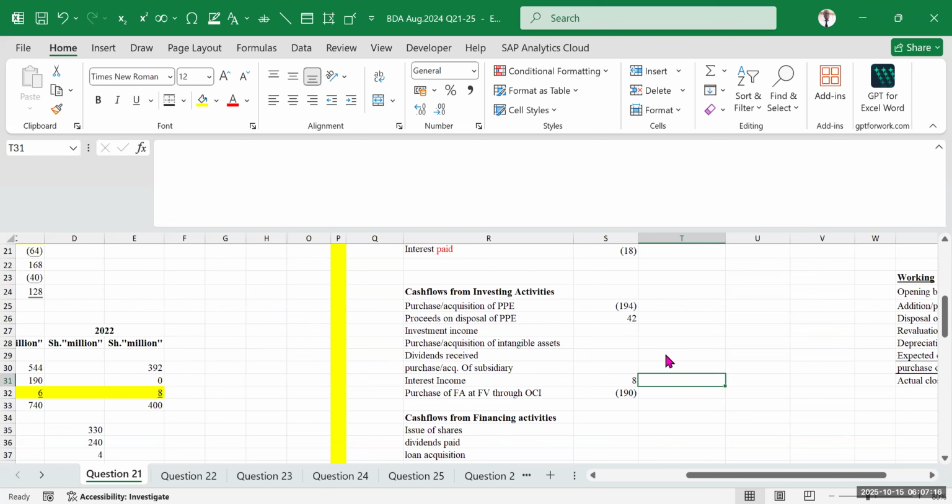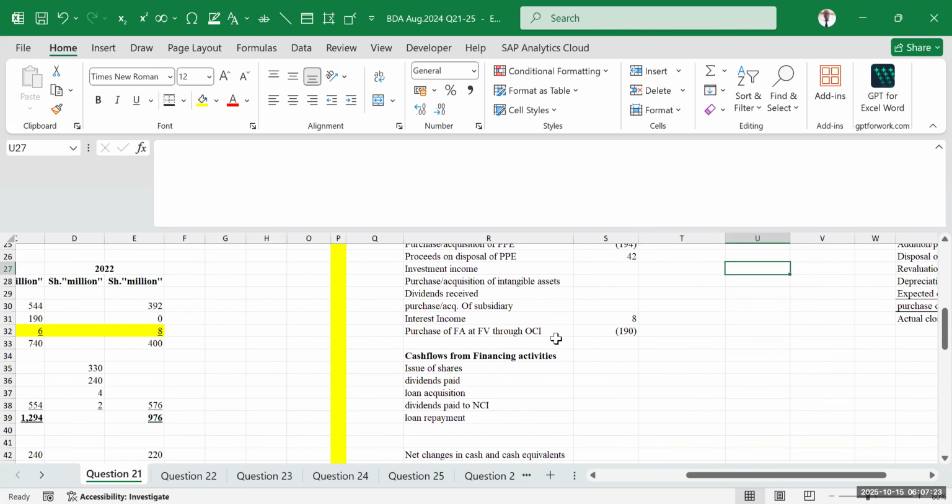If I'm forgetting something, members, please feel free to say. And as you check if there is something left out, I want us to proceed to financing activities. Give me a minute and look at the financing activities section. From the word financing activities, I hope we understand that these are cash flows arising from financing activities. This revolves around sources of finance.